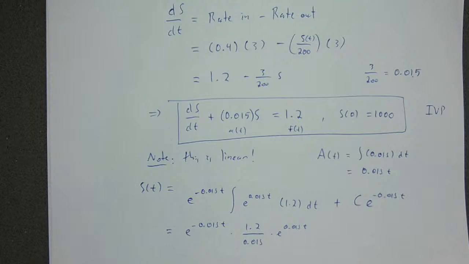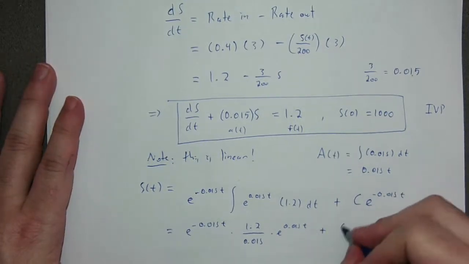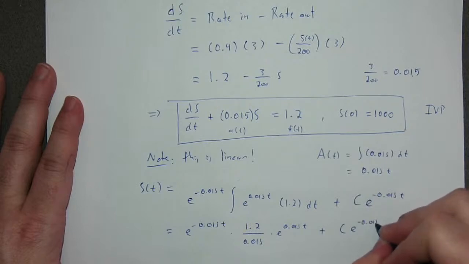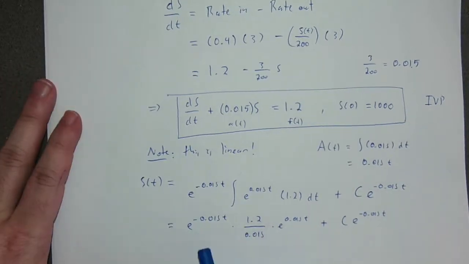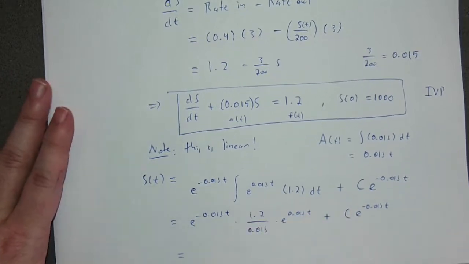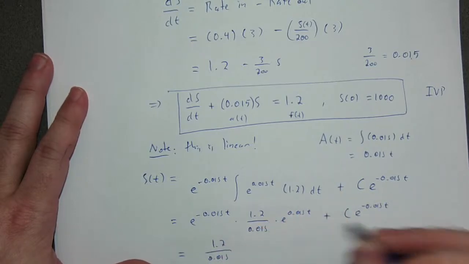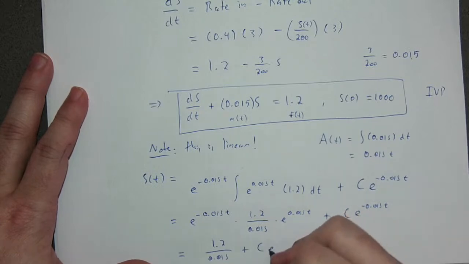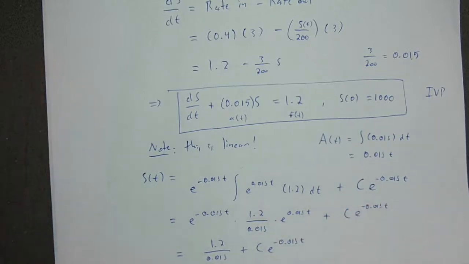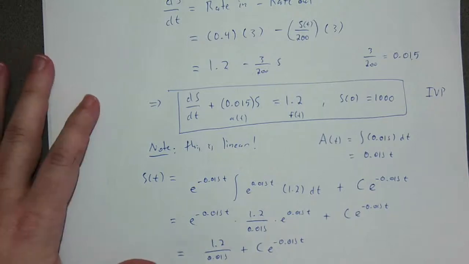Okay. And sorry, plus, I have the second term here, plus c e to the minus 0.015 t. These two exponentials combine to give e to the 0, so this is 1.2 over 0.015 plus c e to the minus 0.015 t.